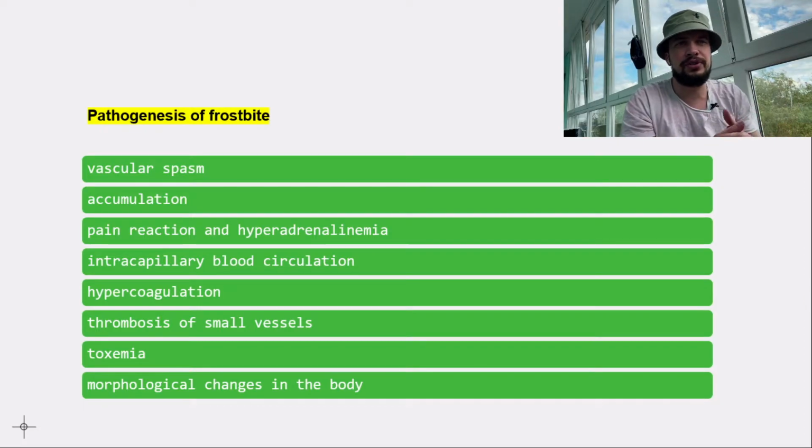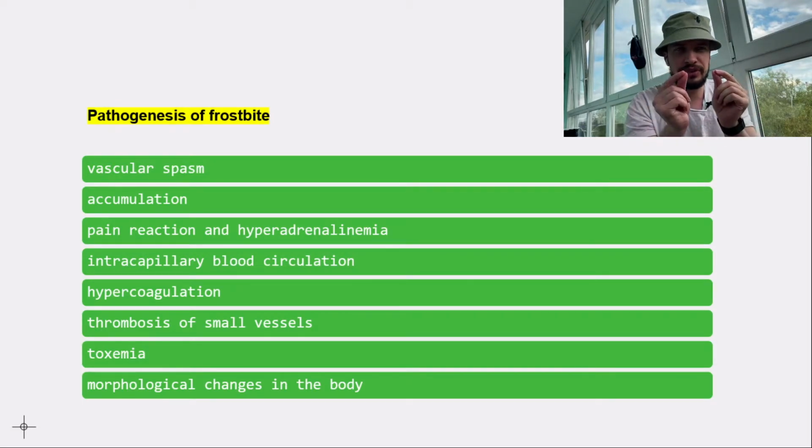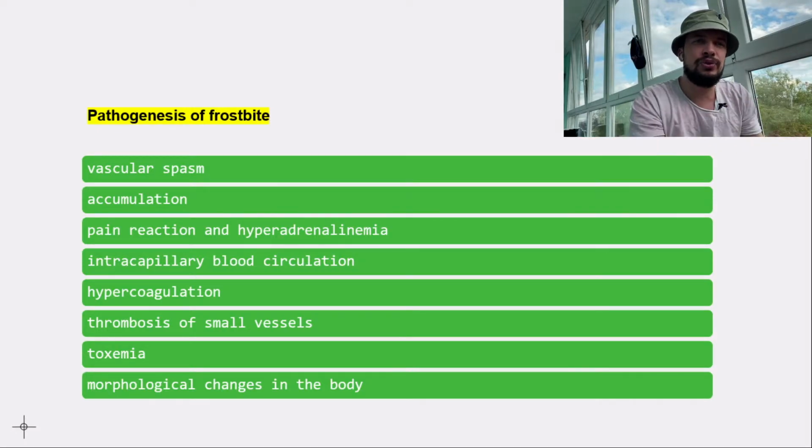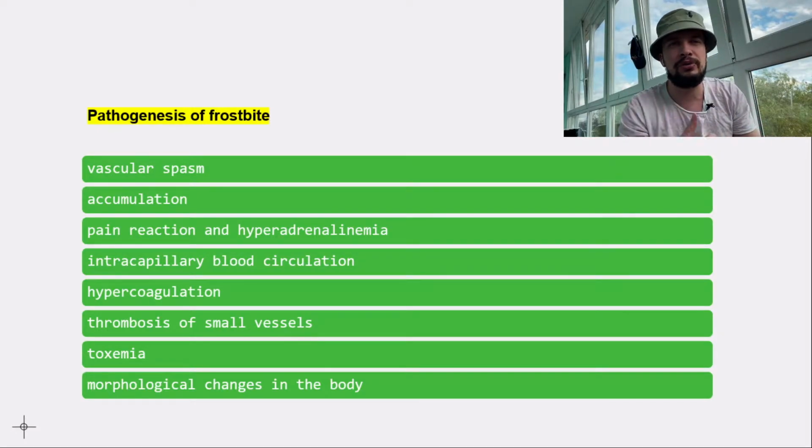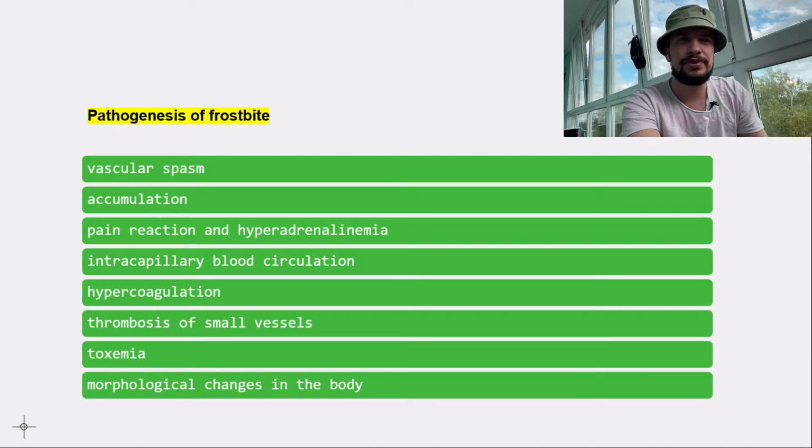The next point is a strong pain reaction and hyperadrenalemia, which leads to the fourth point, a violation of intracapillary blood circulation. This leads to the fifth point, hypercoagulation of blood. After hypercoagulation, we have thrombosis of small vessels with subsequent tissue necrosis.